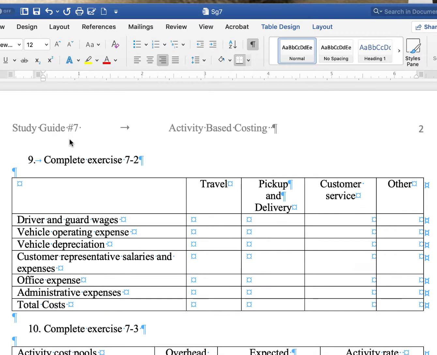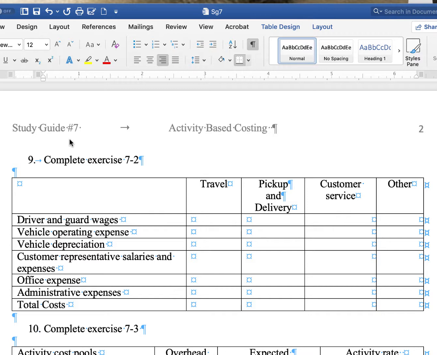The next exercise we have to do is exercise 7-2. Exercise 7-2 is on page 342. Now this is first stage allocation. Notice what they give us.